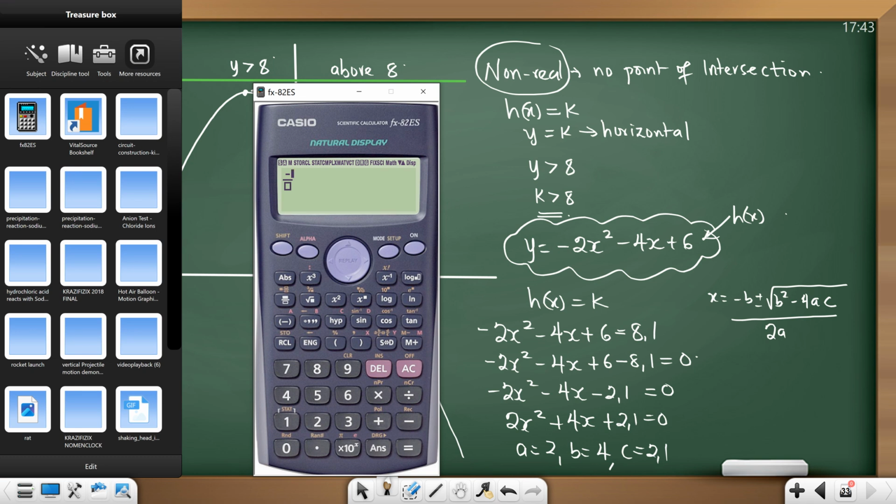Minus b, which is 4, plus the square root of 4 squared minus 4 times a, which is 2, times c, which is 2.1, over 2 times a, which is 2. Make sure everything is well done. I promise you that we're going to get an error.